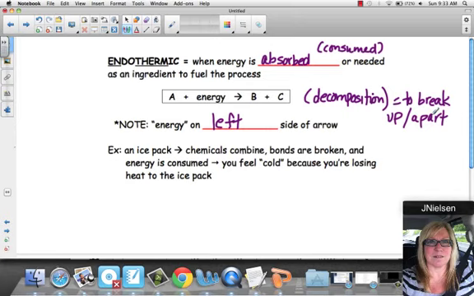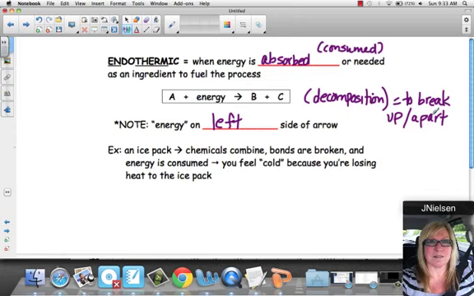An example of this might be an ice pack. When you get one of those instant ice packs and you pop it and shake it, the chemicals combine, bonds are broken, and energy is consumed. The ingredients in that cold pack absorb the energy from the surrounding environment, and the temperature of the pack decreases. It feels cold.